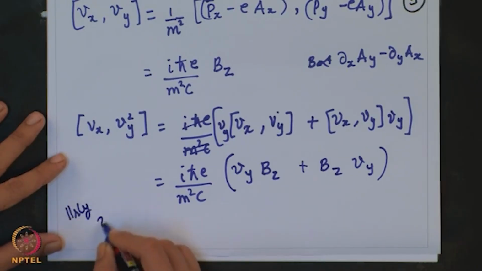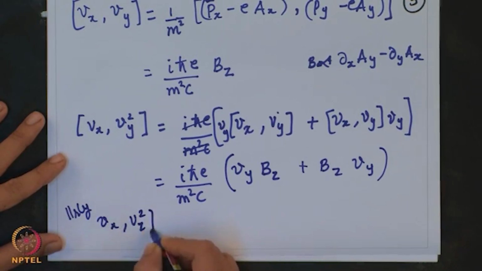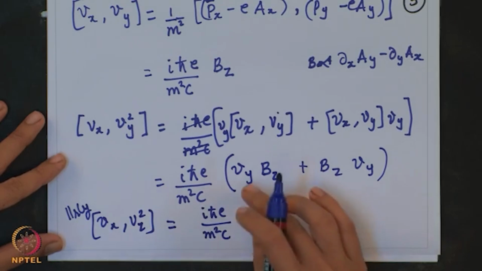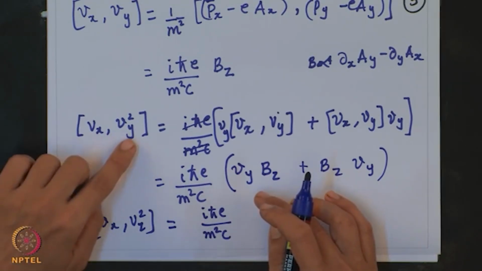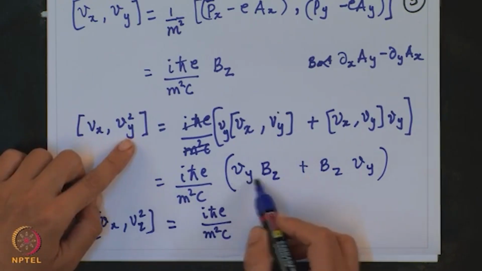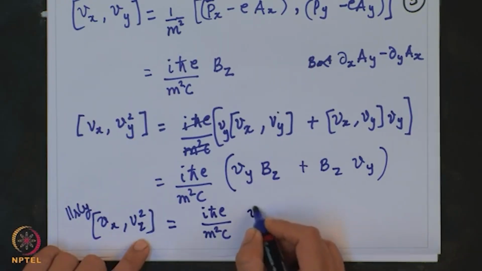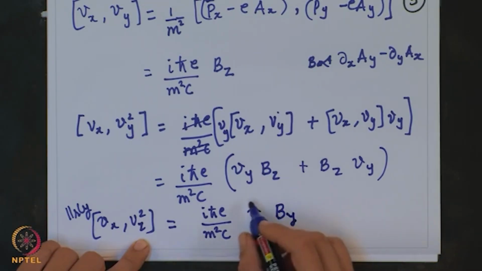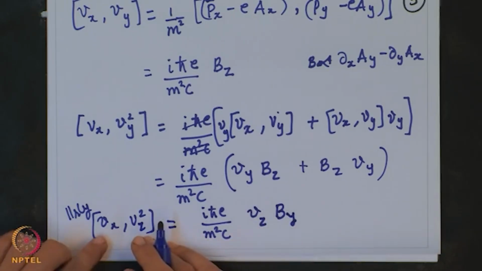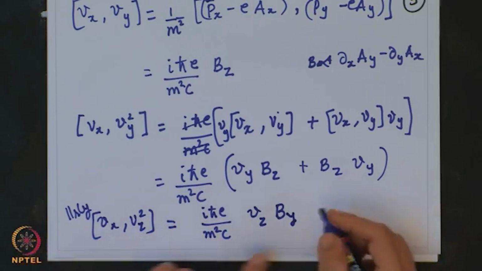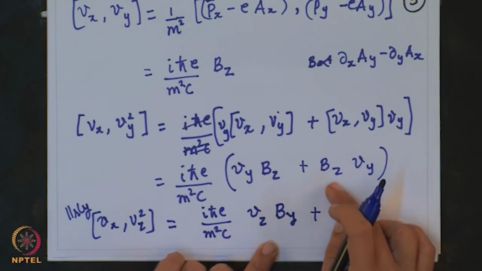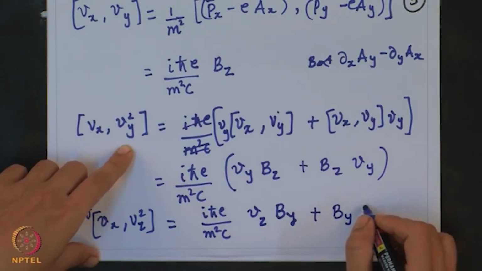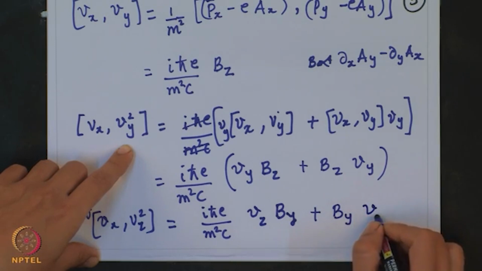Similarly, now you can guess what will be [V_x, V_z squared], no need to repeat this exercise, you can just make a guess. So, everywhere when you have x and y squared, you will have V_y B_z. So, now here I have z, right. So, now here I will have y, B_y V_z, okay.